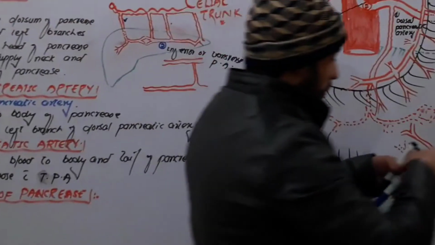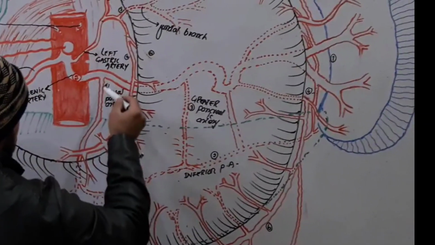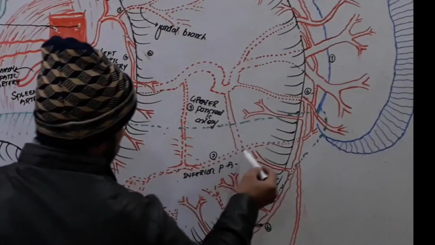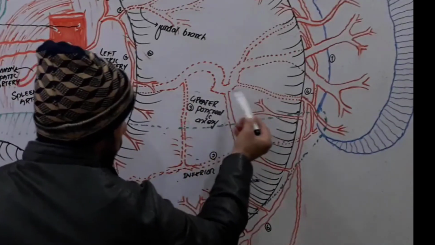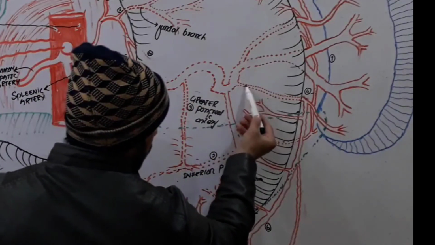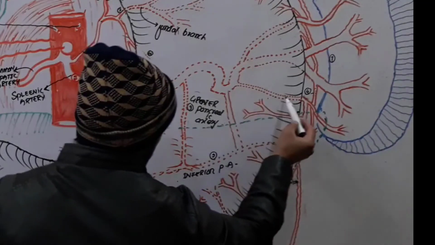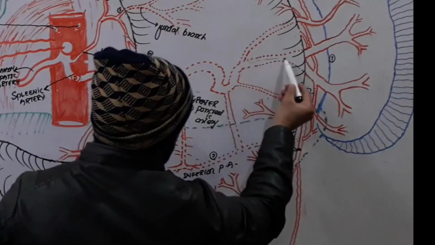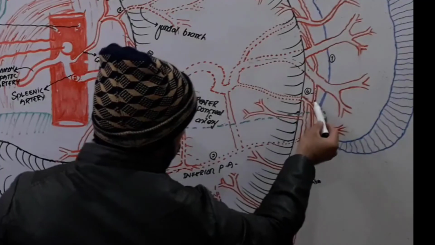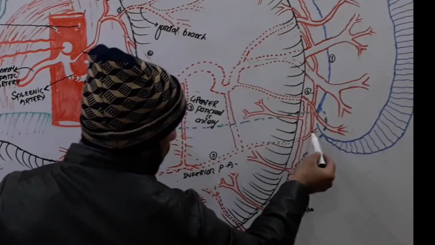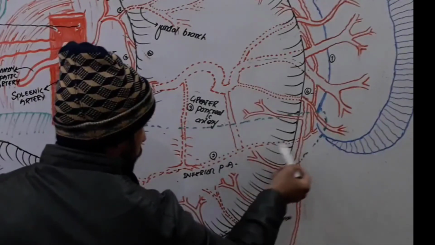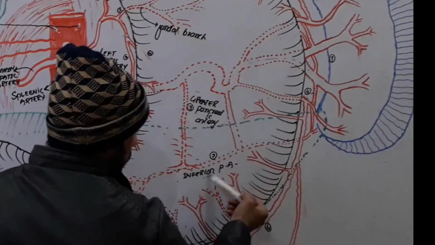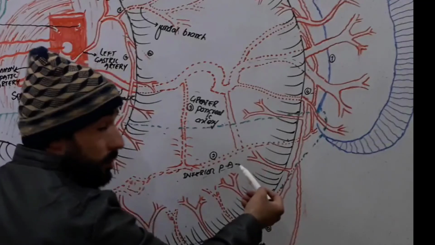Follow me, look carefully. Dorsal pancreatic artery, inferior or transverse pancreatic artery, greater pancreatic artery, and we will move further forward. This is a branch of the splenic artery. Then this fourth artery has come to the tail of the pancreas and makes anastomosis with the inferior pancreatic artery or the transverse pancreatic artery.